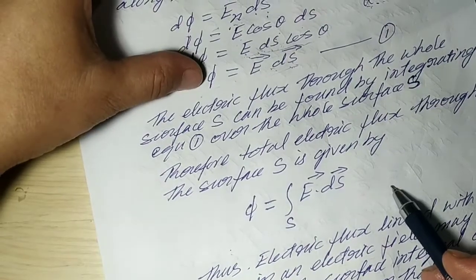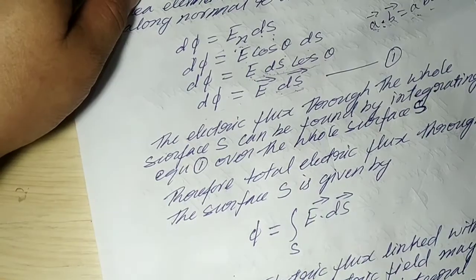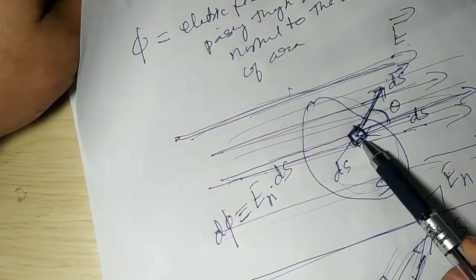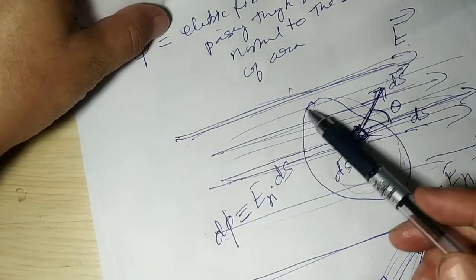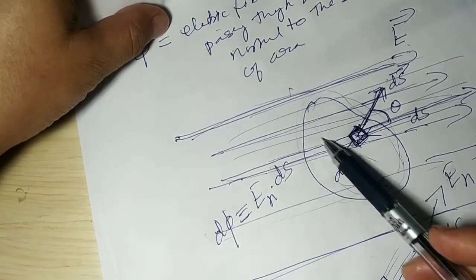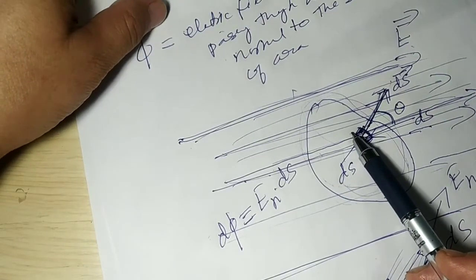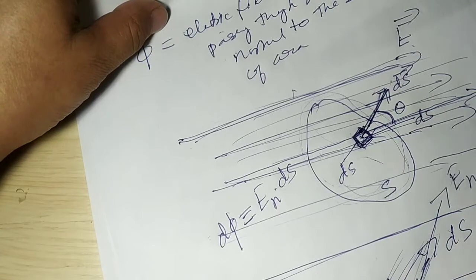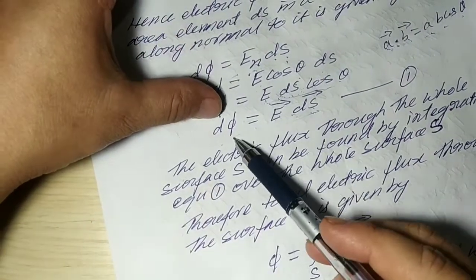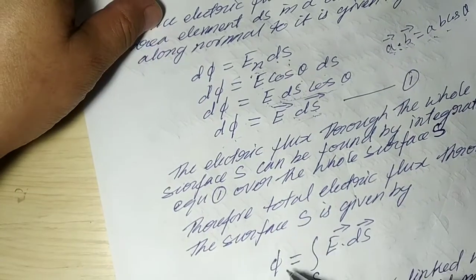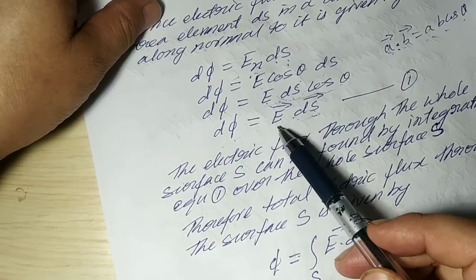Now this electric flux is for this small area, but we have to find the total electric flux over the entire surface. That means we have to integrate this small electric flux. The total flux is the integral over the surface.